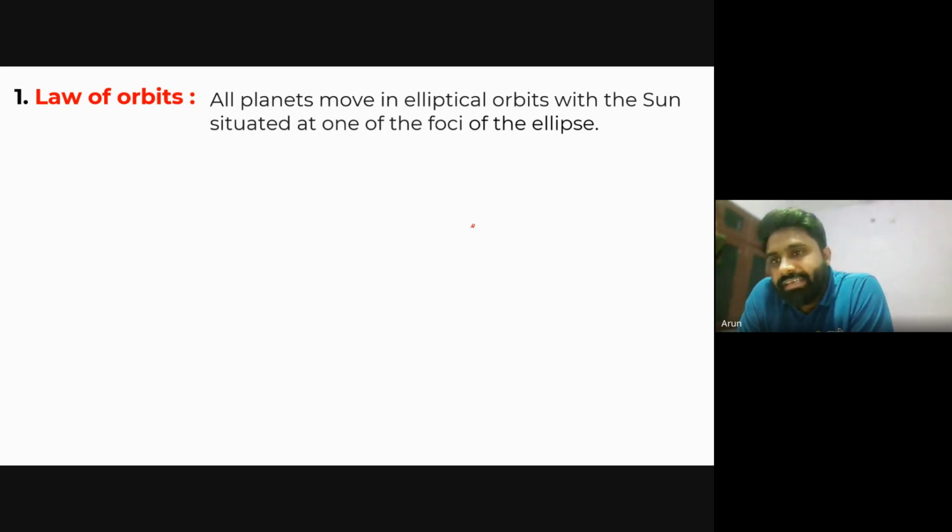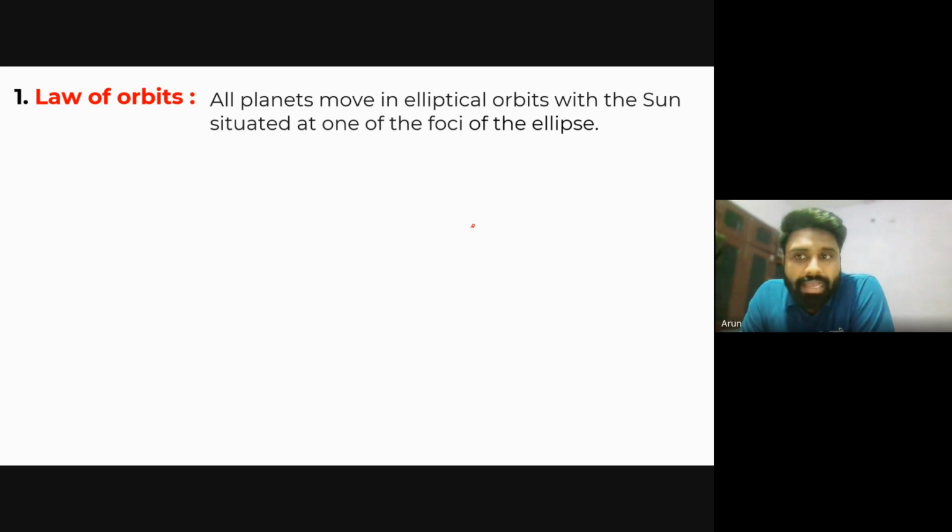One thing is very clear from the previous model: our solar system does not have Earth as the center. Sorry, it has the Sun as its center. Okay, and each and every planet of the solar system is revolving around it.